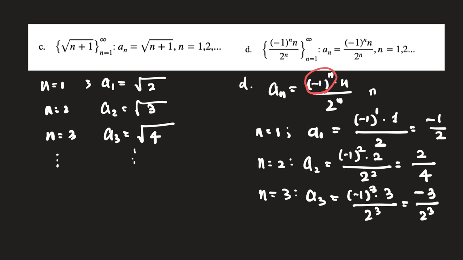See that? It just keeps changing the sign: negative, positive, negative. So we call this an alternating sequence. Another tip about sequences is you're looking for the pattern of each term, so try not to simplify, to look for a pattern.